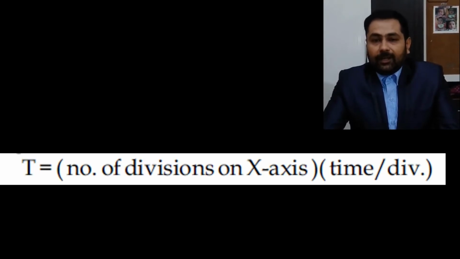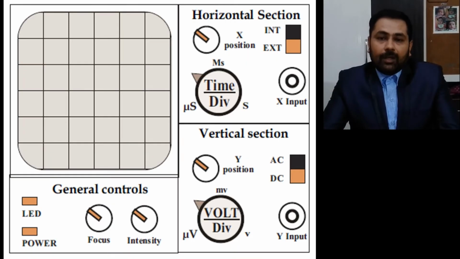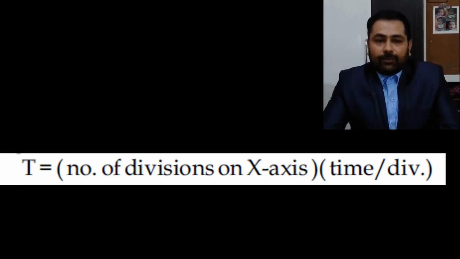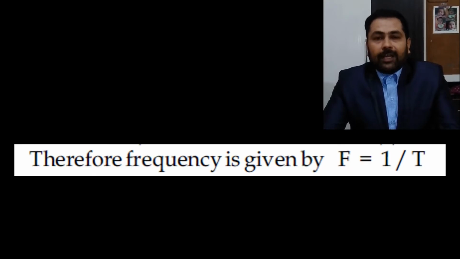For time measurement, we use the time per division knob present on the CRO's front panel. By multiplying these two factors, we can calculate the time for completion of one cycle. If you take the inverse of it, we can calculate the frequency. So this was the direct method.